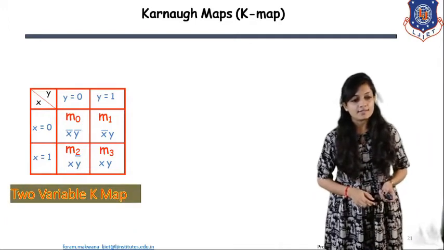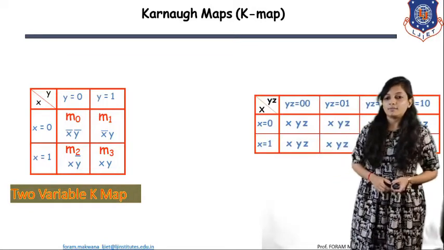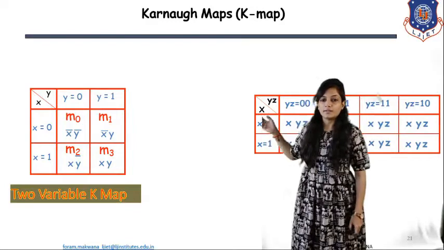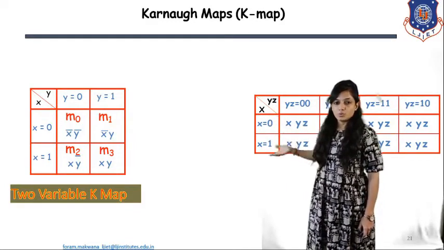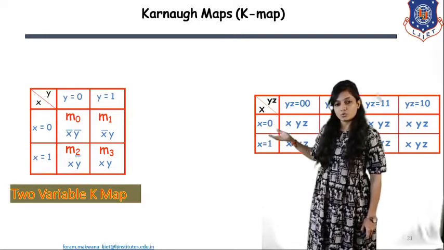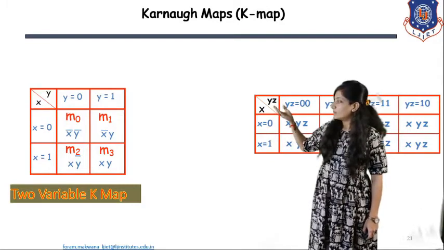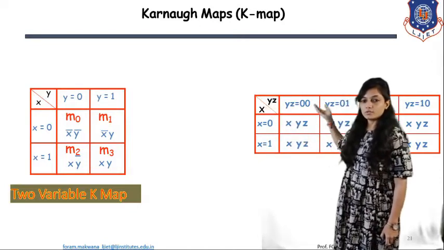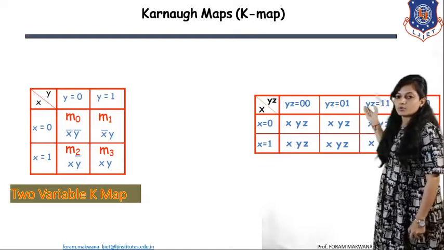Now, as this is a 2 variable K map, how to draw a 3 variable K map? This is the way. First you can see over here that x is equal to 0 and x is equal to 1. 2 rows, only 1 variable, so 2 rows are there, and y and z, 2 variables are there, so total columns are 1, 2, 3 and 4.